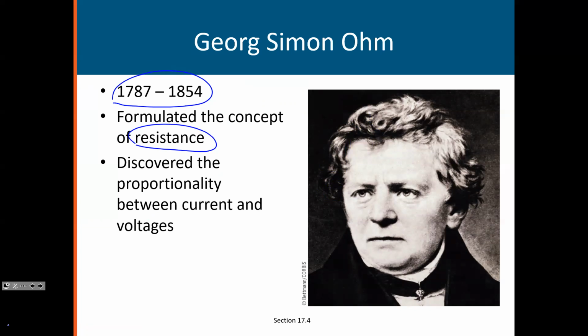He discovered there is a linear relationship between the current and the voltage. You take a piece of wire and connect it to a battery. You apply a 10-volt battery, there will be a certain current. You double the voltage, say 20 volts, the current will double. So he saw that there is a proportionality between current and voltage.